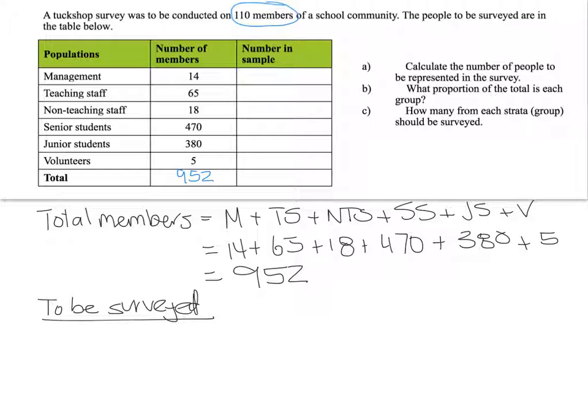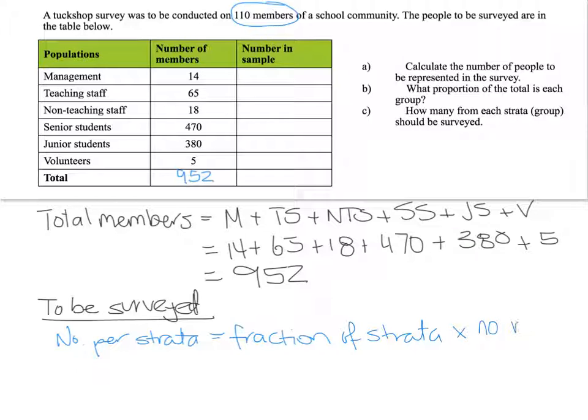The number per strata is going to equal the fraction of strata multiplied by the number required.